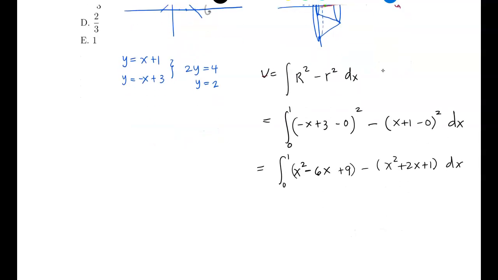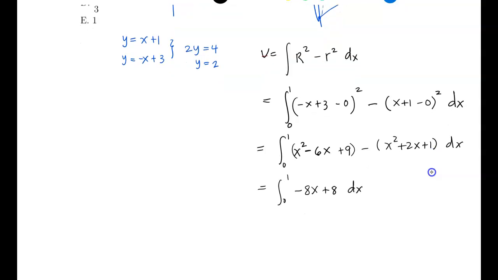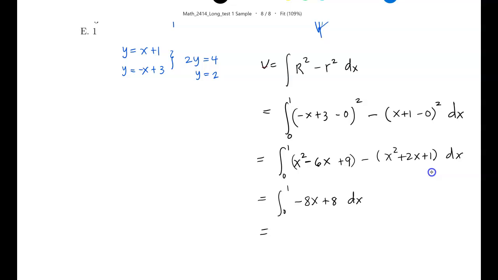Then you simplify it, from 0 to 1. The x squared cancels, so that's 0. Negative 6x minus 2x is negative 8x. And then 9 minus 1 is 8, dx. Then integrate this. You have negative 8x squared over 2 plus 8x.